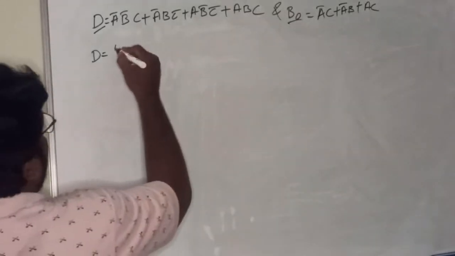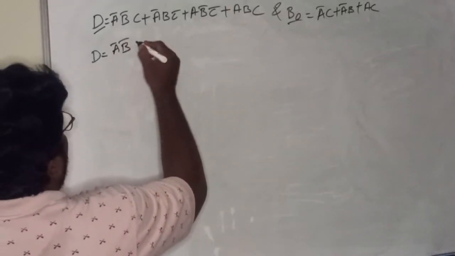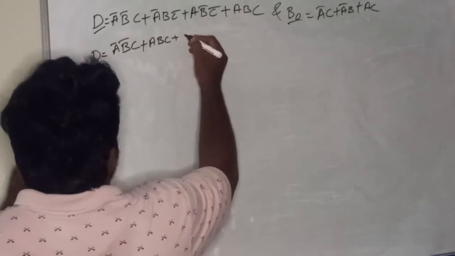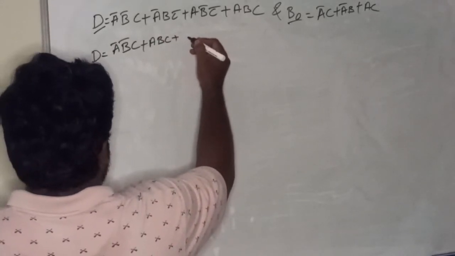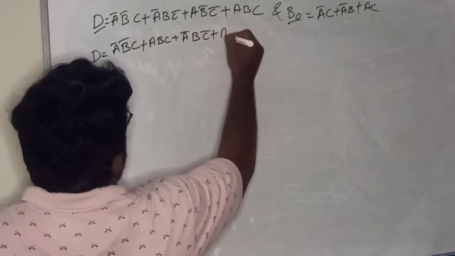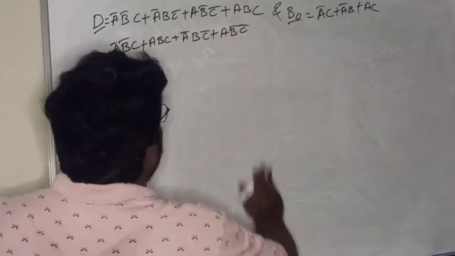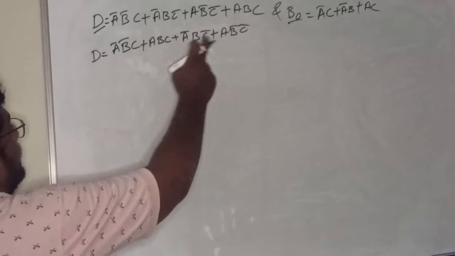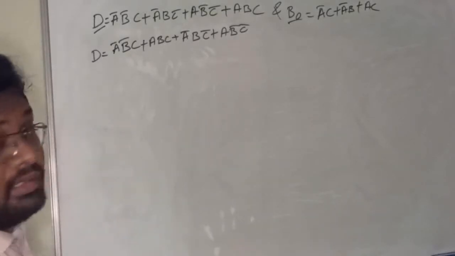First one is A complement B complement C plus A B C plus A complement B C complement plus A B complement C complement. I have just rearranged the terms and written it, right?